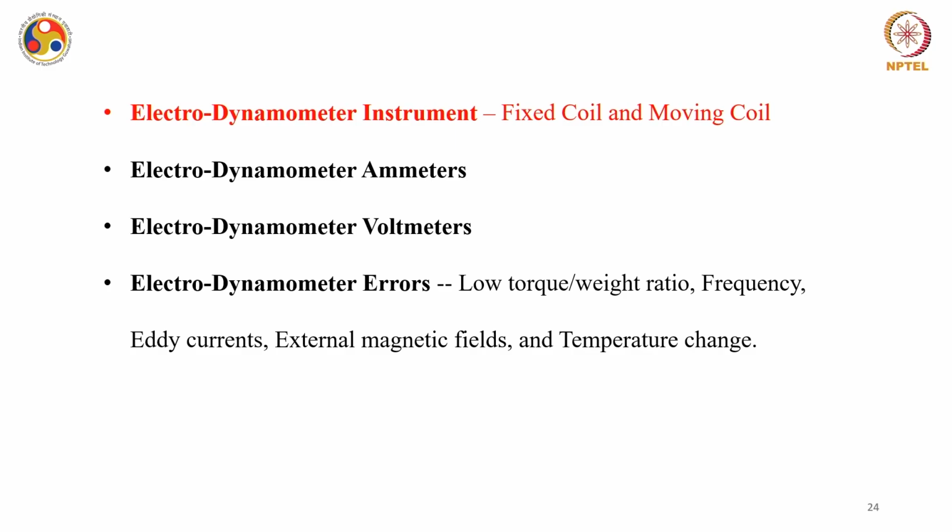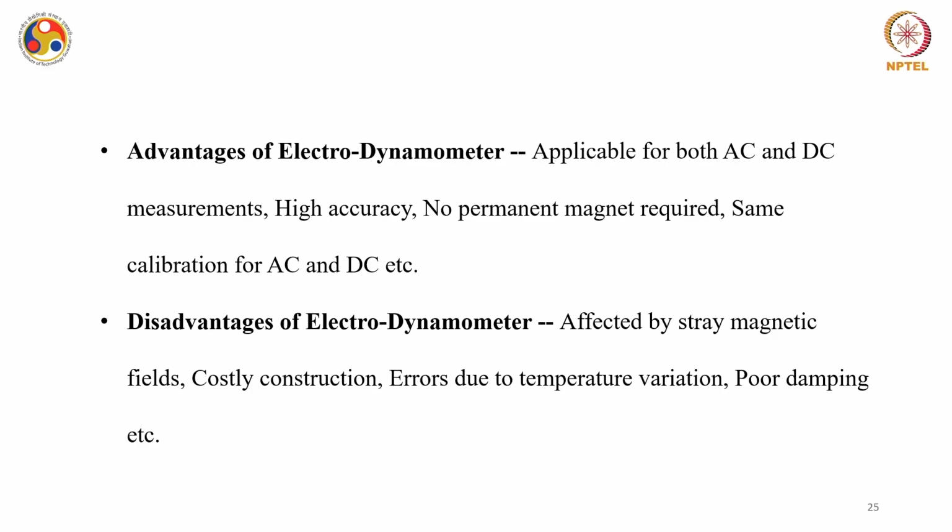We have also seen different sources of errors in this kind of system, coming from frequency, eddy current, external magnetic field, and temperature changes. We have seen advantages and disadvantages of the electrodynamometer over other systems. It can be used for both AC and DC measurement.